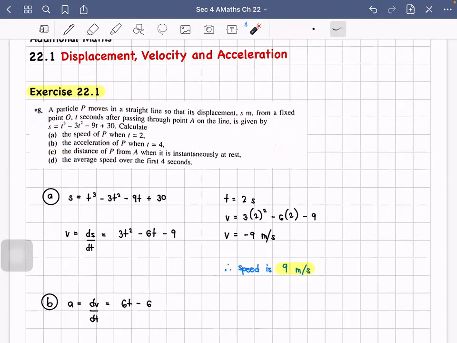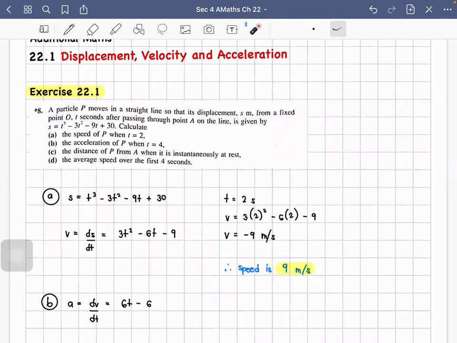We're given the displacement function. In order for us to solve for speed, we need to get the velocity function. To do so, we need to get the derivative of this. The derivative of s is 3t squared minus 6t minus 9. This is our velocity function now.